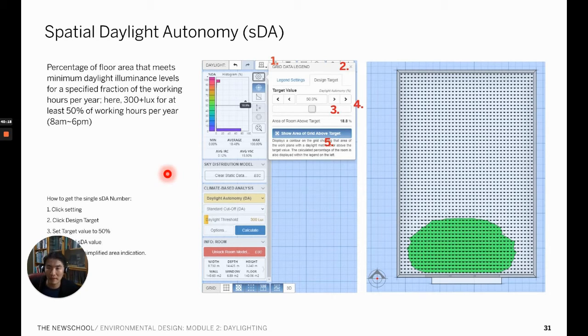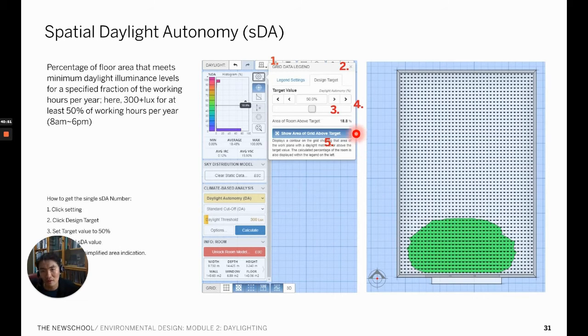For example, by setting the threshold at 50%, I can block out the portion where each point's time over 300 lux is more than 50% of the entire working hours, represented as a green zone in the map visually.